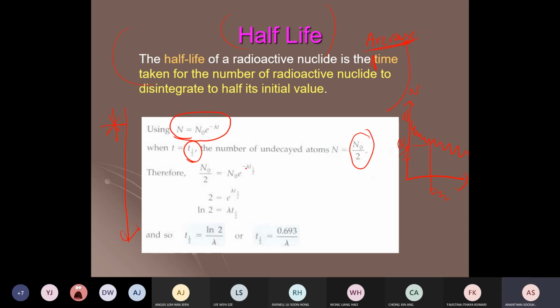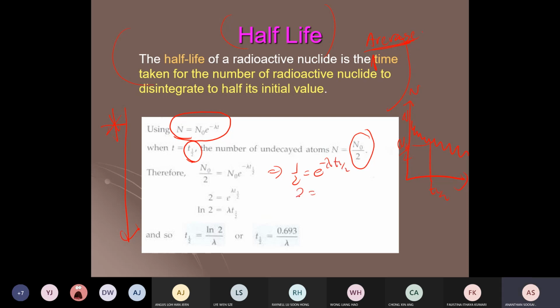So we substitute t as t half and N as N naught over 2. Cancel the N naught, and you get 1 over 2 equals e to the negative lambda t half.